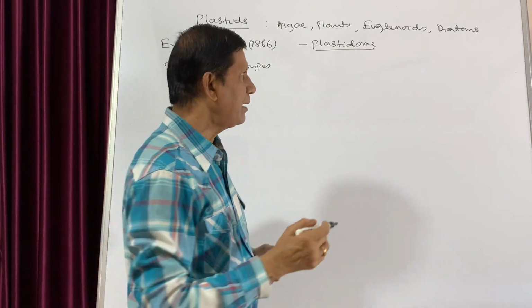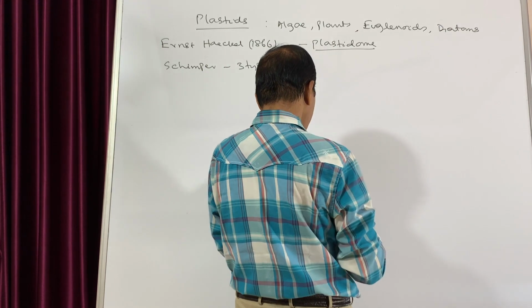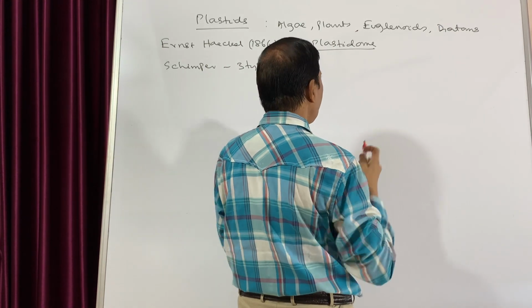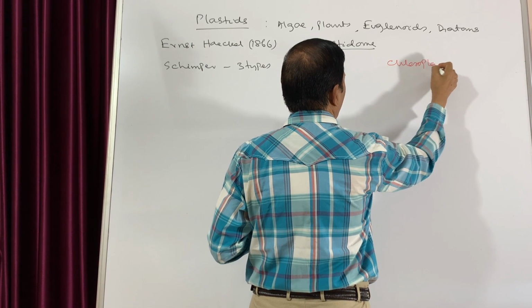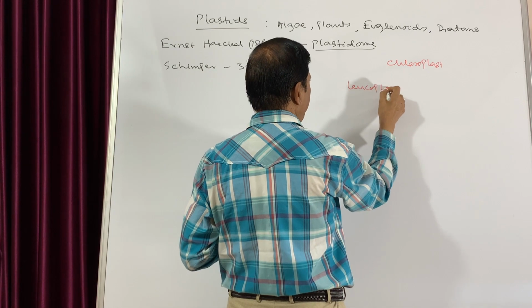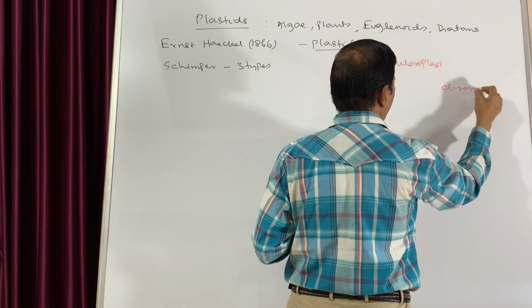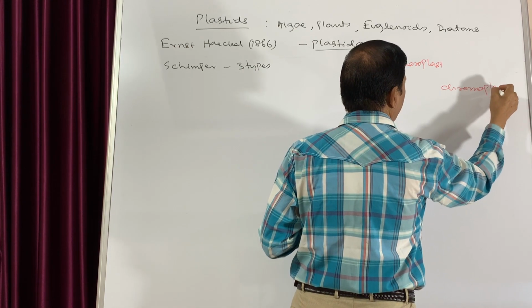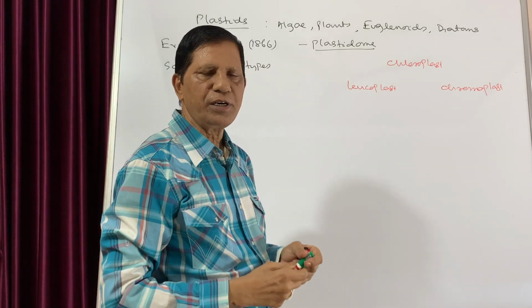The three types are the chloroplast, the leucoplast, and the chromoplast.